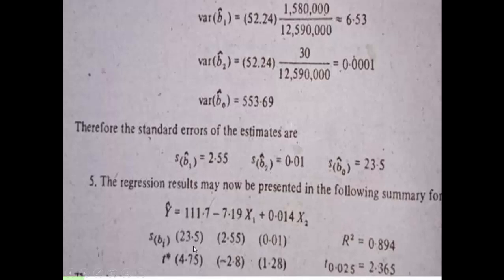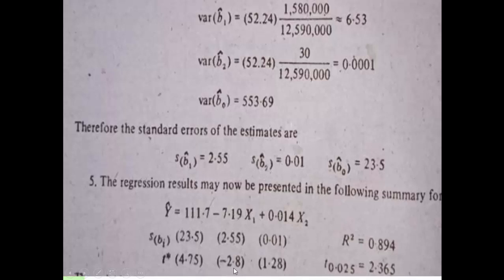The t value calculated for it is 4.75, and the tabulated value is 2.36. The calculated value is greater than the tabulated value, which means that this value lies in the critical region. So we reject H0 and conclude that beta 0 hat is significant.